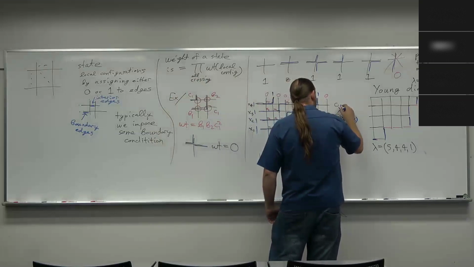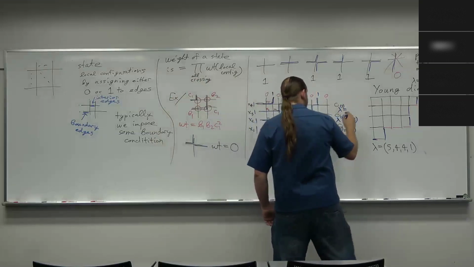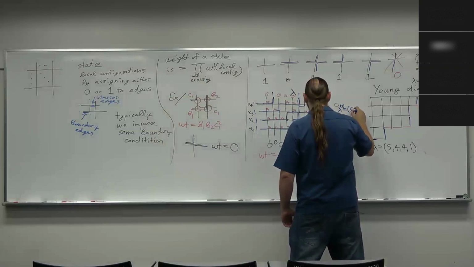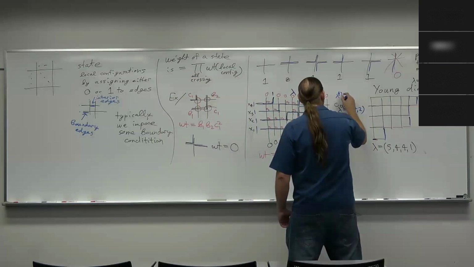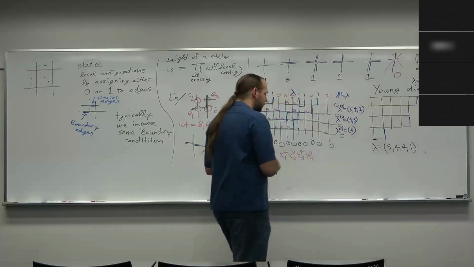Lambda upper 3 will be 5, 4, 2. And then lambda upper 4 is my original lambda here.